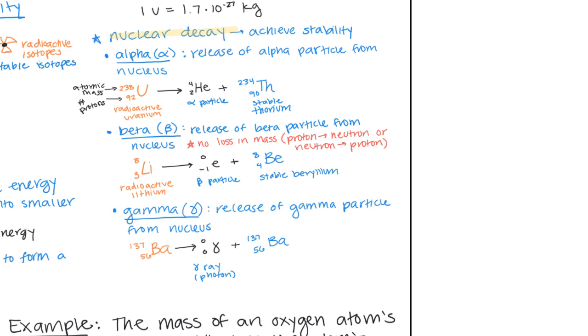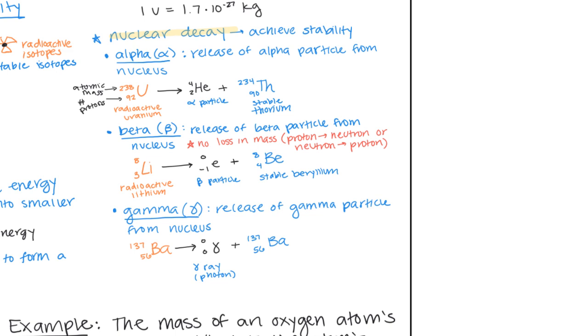So what it can do is shed what we call an alpha particle. It's going to release an alpha particle. And all that an alpha particle is, is just an atom of helium. If you look at helium on the periodic table, you will see that it has an atomic number of 2, meaning it has 2 protons, and it has an atomic mass of 4, meaning that there are 2 more neutrons within that atomic nucleus.